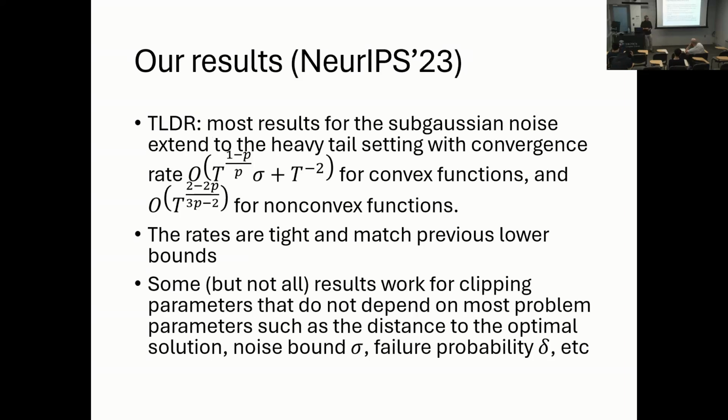And you can do this and get these kinds of high probability bounds with the optimal convergence rate. The optimal convergence rate for a bounded p-th moment turns out to be expressions that depend on p, and there are lower bounds saying that these bounds are actually tight.